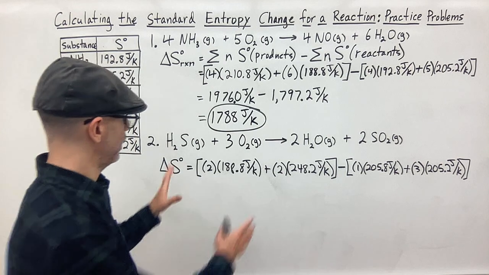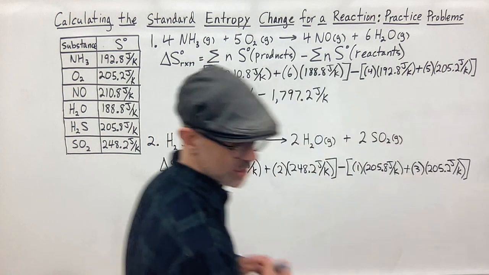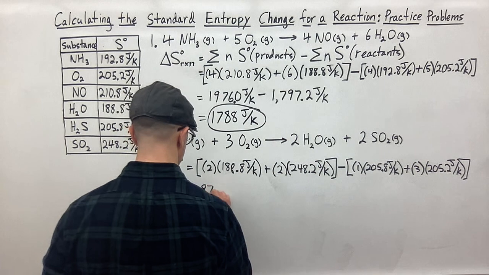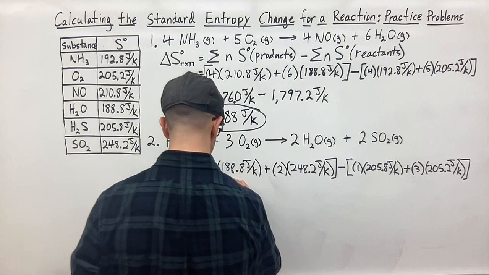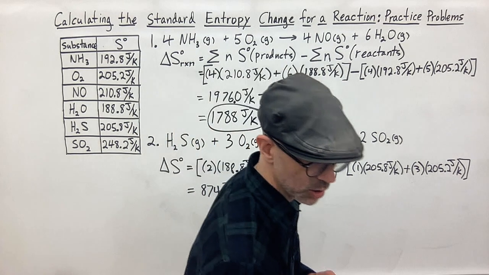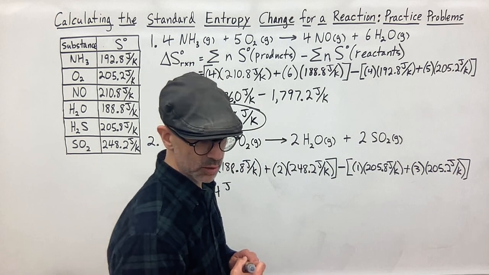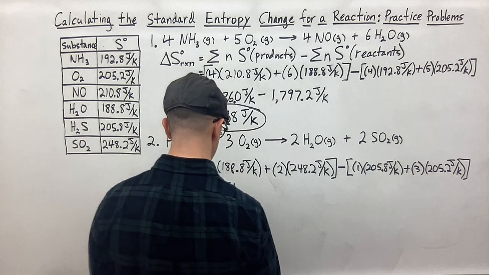So when I calculate these together, I get 874. So that's going to be equal to 874 joules per Kelvin.